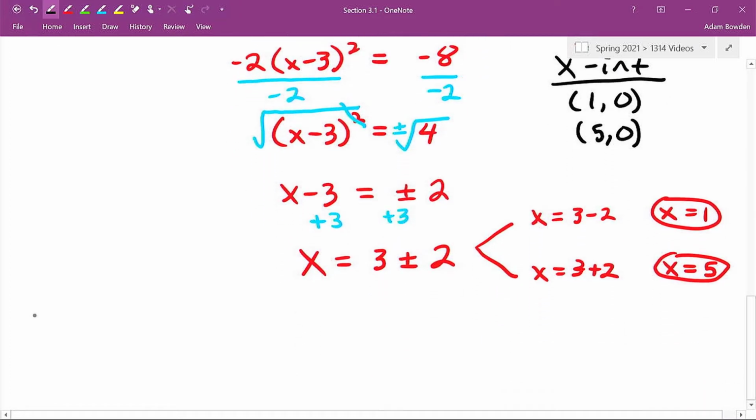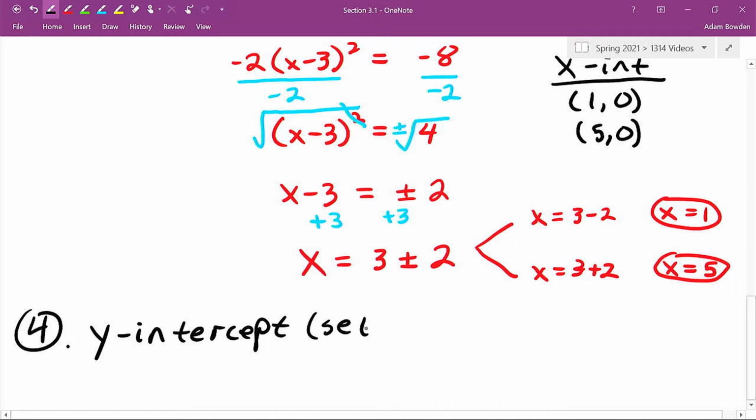Now after finding the x-intercepts, we're going to find the y-intercept. To find the y-intercept, we set x equal to 0.